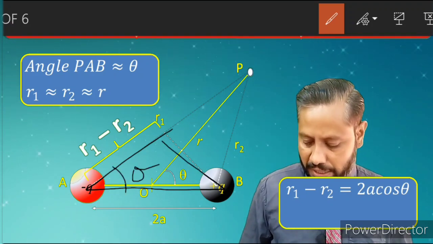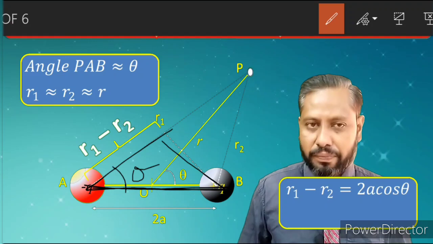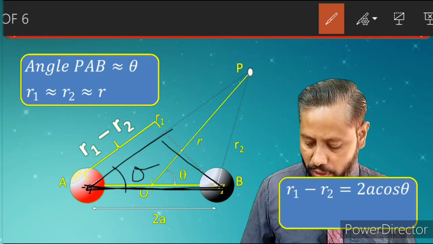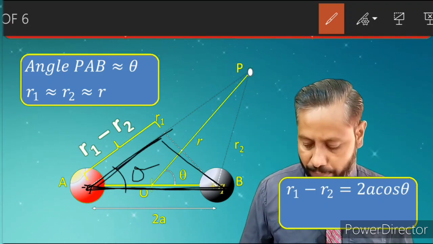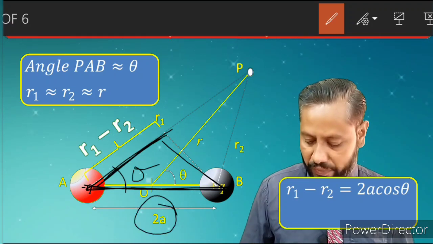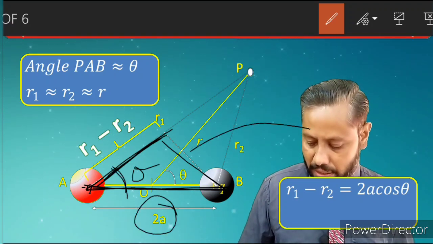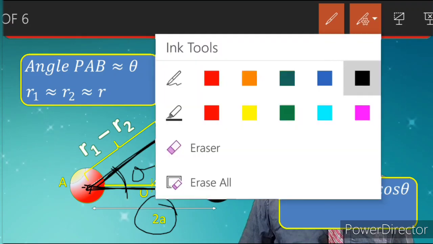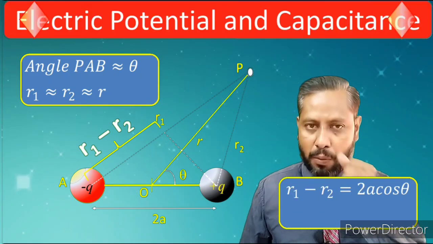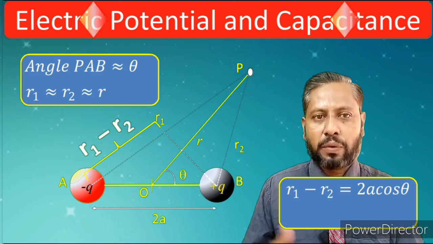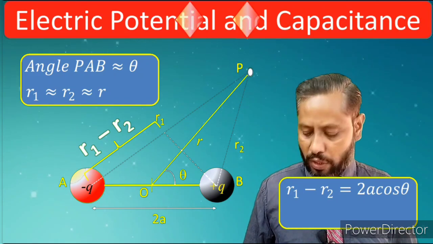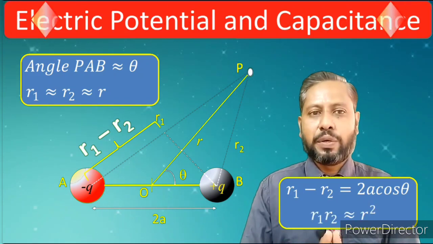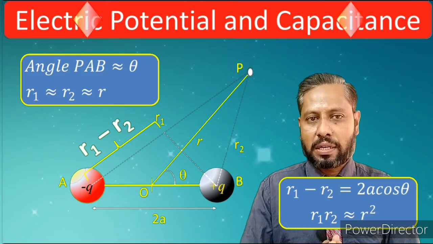If this side is 2a, then obviously this will be the cos component of 2a. So that's why we write 2a cos theta. And we have taken r1 approximately equal to r2 equal to r, so we can write r1 into r2 is equal to r square.